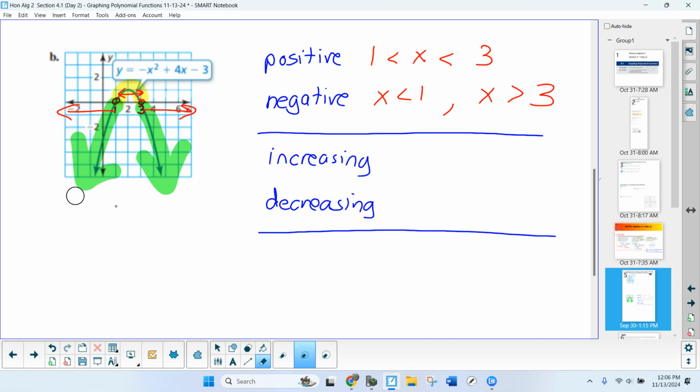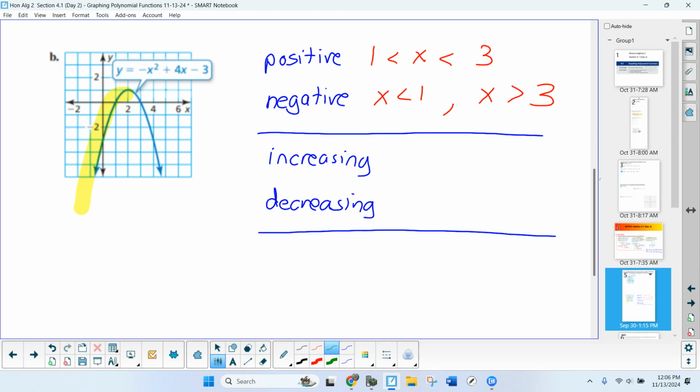Now I'm going to erase all my highlighting because now we're going to switch to increasing versus decreasing. So as you walk from left to right, are you increasing or are you decreasing? You are what? Increasing. So you're increasing until what x value?